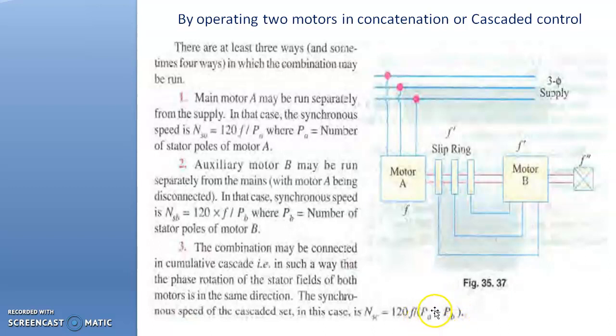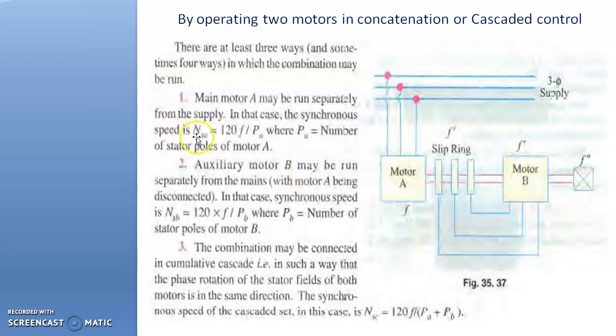So these two can be concatenated either with a plus sign or a minus sign, so that two more speeds you can obtain. F is the constant parameter, so you can obtain two more speeds, with the denominator either PA plus PB or PA minus PB. So totally four discrete speeds you can obtain with this cascaded control.